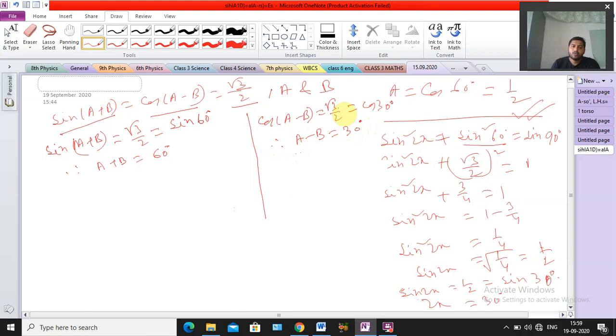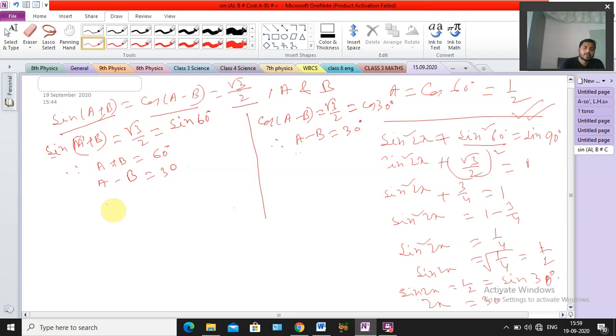So from here we have to find out the value of a and b. By any process we can do it: simultaneous equations, cancellation, substitution method, cross multiplication method, any method. At first write a plus b equal to 60 degree, and below it a minus b equal to 30 degree.